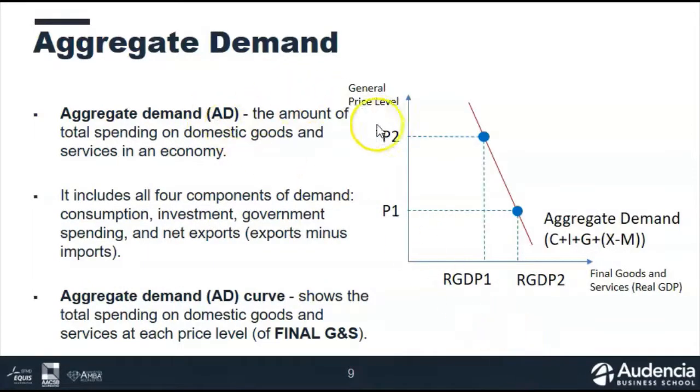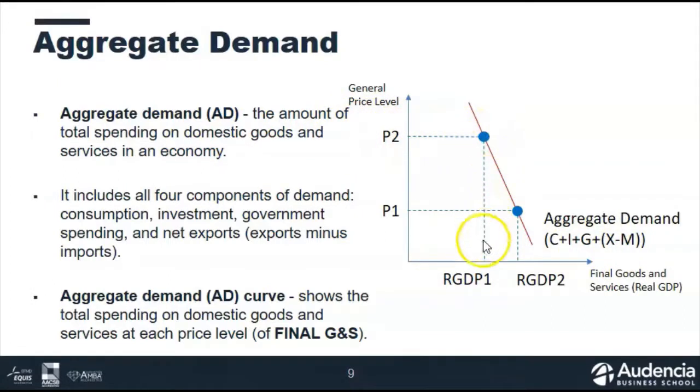Now, demand is the amount of total spending on domestic goods and services in the economy. It determines real GDP. Demand is made up of these elements we've seen before: consumption, investment by firms, government spending, and net exports, exports minus imports. In this demand curve we see the relationship between every price level and demand.